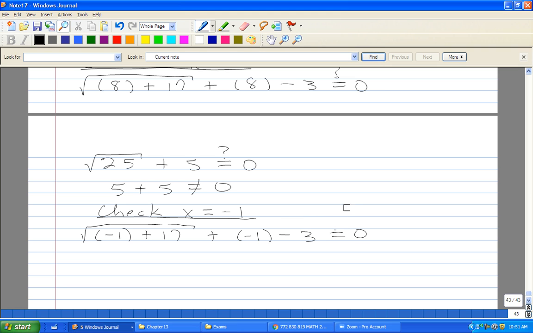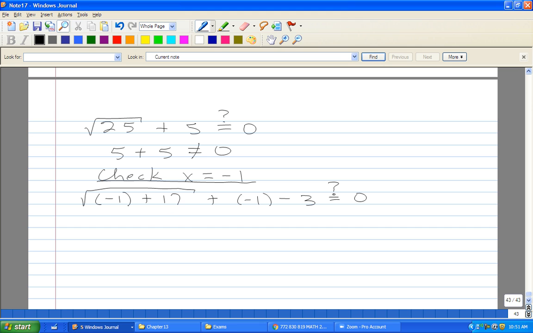So let's check. Seventeen minus 1 is 16. Minus 1 minus 3 is minus 4. 4 minus 4 is indeed equal to 0. Therefore, my solution is x equaling negative 1.